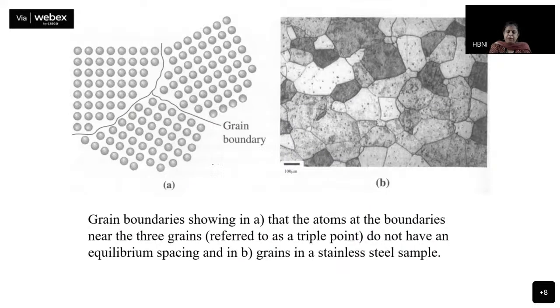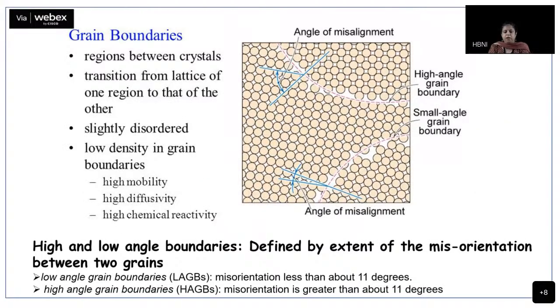Again, a pictorial representation. Again, this is an SEM of how it looks. Grain boundaries. Now, grain boundaries could be low angle grain boundary or high angle grain boundary. And what defines that? You look at these two crystals. This particular line shows the orientation of this crystal, and this particular line shows the orientation of this crystal.